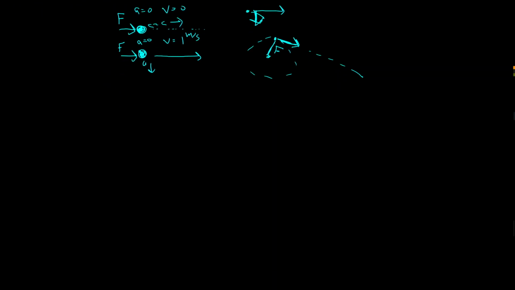But let's look at Newton's second law then. And so Newton's second law is he looked at his first law and he turned it into math. There's nothing big in Newton's second law.